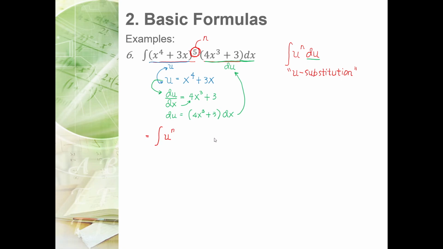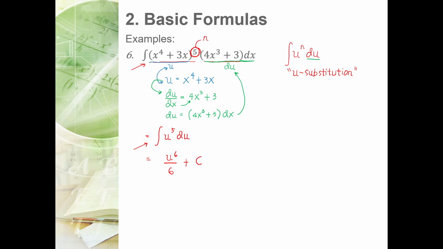So u to the power of 5 du na lang siya, di ba? So instead of kaning complicated nga equation, you're now dealing with a basic equation. So the answer of this one is u to the power of 6 all over 6 plus c, di ba?